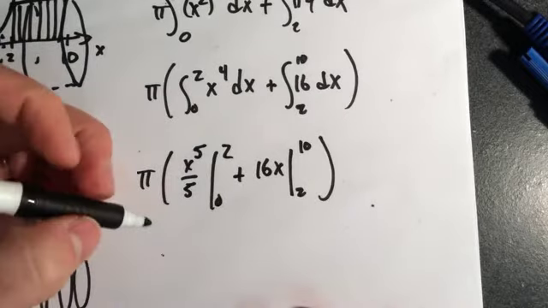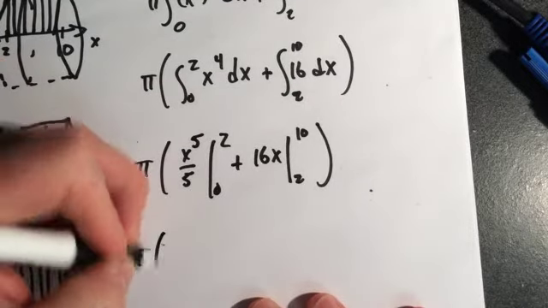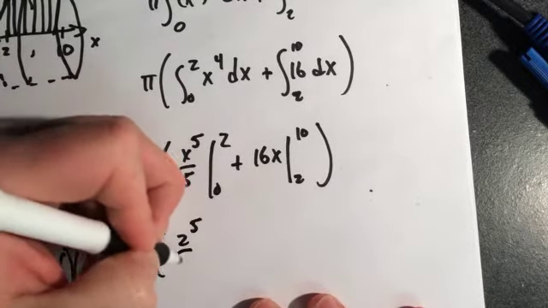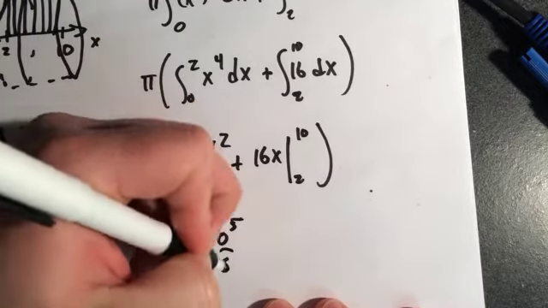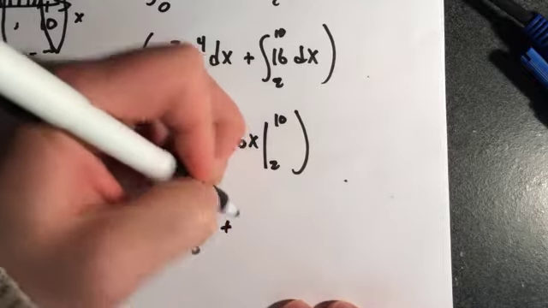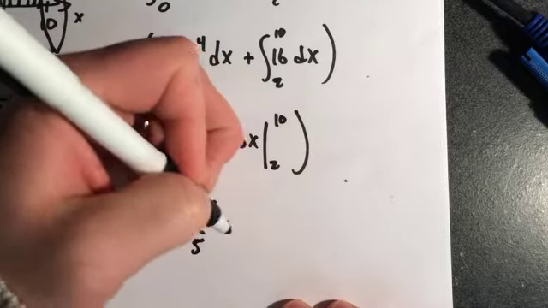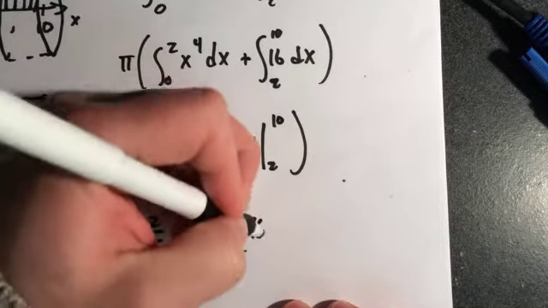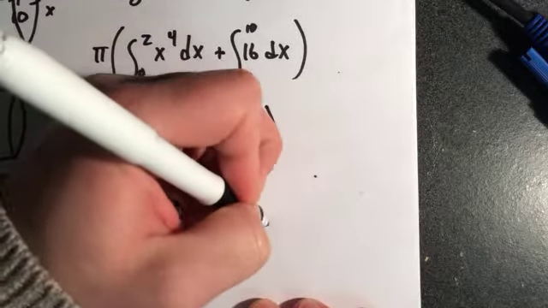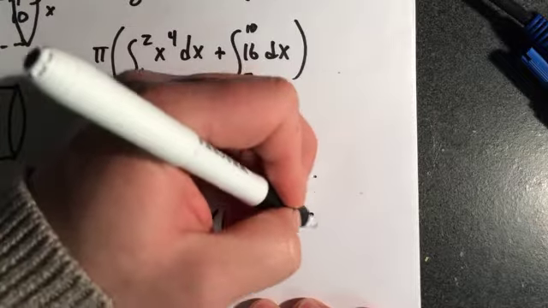You ought to be good at that by now. So we get pi times 2 to the 5th over 5 minus 0 to the 5th over 5 plus 16 times 10 minus 16 times 2.